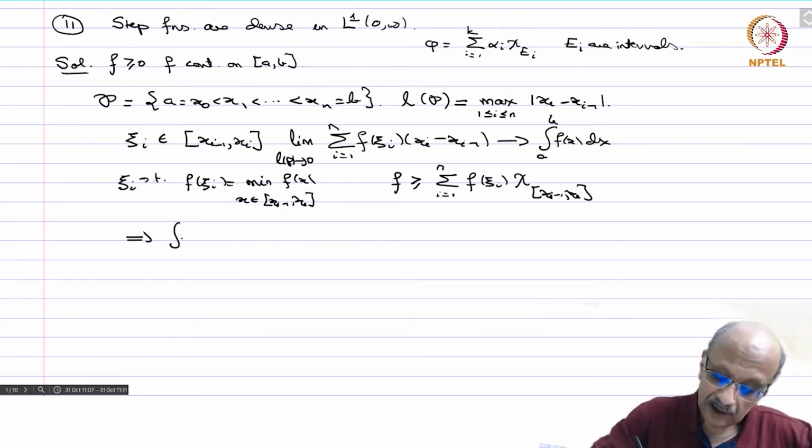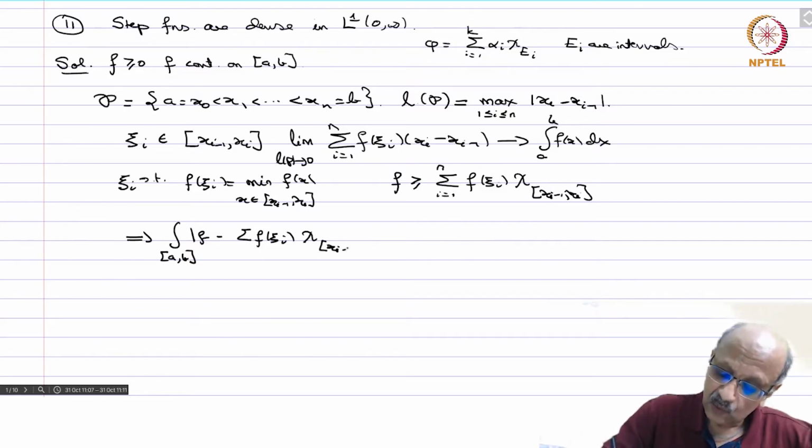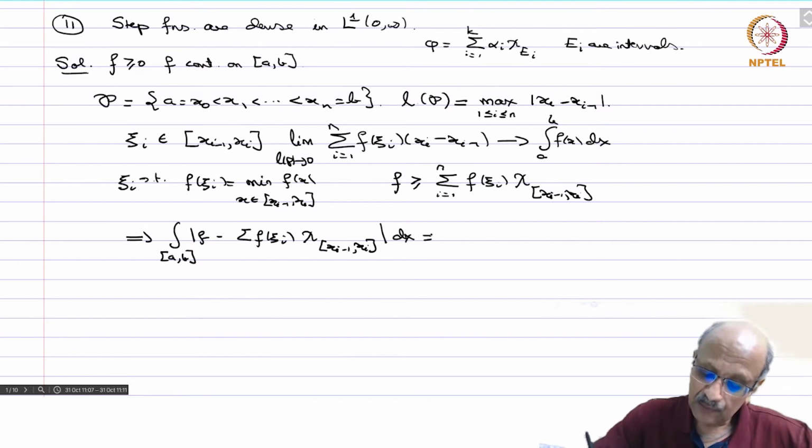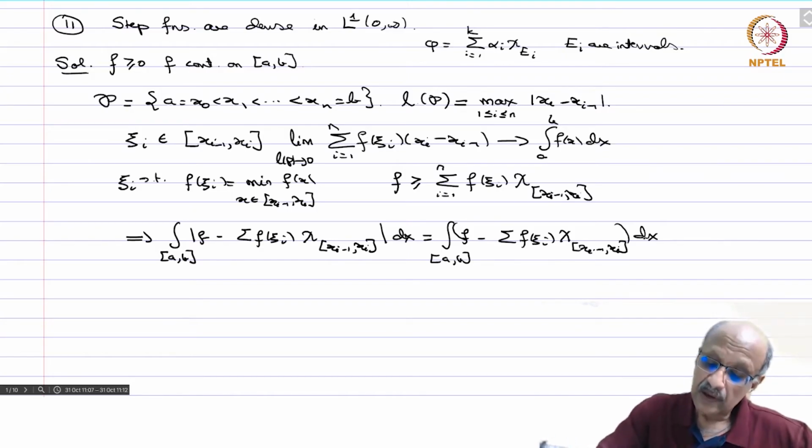So this will imply that the integral of |f minus the step function| over [a, b], I don't have to put the mod because I have taken the minimum, is equal to the integral over [a, b] of f minus sigma f(xi_i) chi of [x_{i-1}, x_i] dx, and this goes to 0 by this condition, because the integral of the chi is nothing but the measure, which is the length of the interval, and therefore you get that this tends to 0.